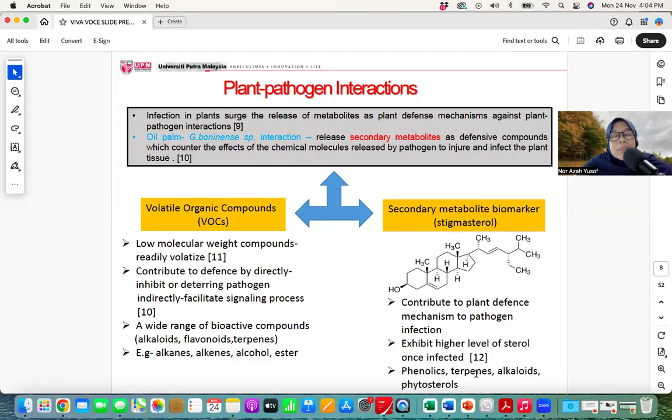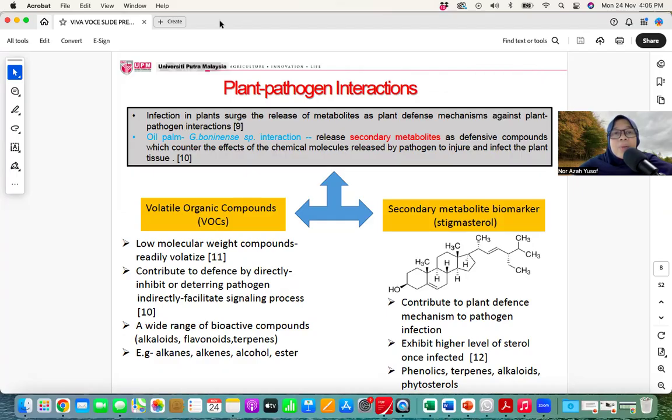So in this project, we are trying to detect the important VOCs as well as metabolites that indicate that the young tree has been infected by this fungus, but there is no symptom. It is affected, but there is no symptom.